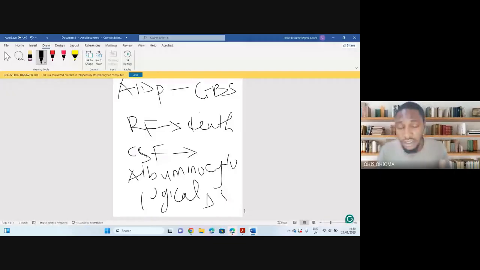That phenomenon is known as albuminocytological dissociation. Ideally, in an inflammatory reaction caused by an organism, you would expect that if the protein goes up, so does the cell count. But because it's not an inflammatory reaction, the cells remain almost normal, and the protein level goes up because of destruction of peripheral nerve proteins and sensory nerve proteins, and you see that in the CSF. So that's a way of diagnosing it. I don't know if that answers your question.